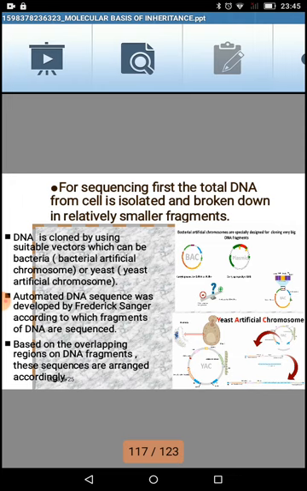Now, keeping all these properties in mind, the overlapping sequences, the fragments of the DNA, after reading and coding them, were arranged back again, so that the whole of the human genome can be read with the help of a special automated DNA sequencing program which was developed by a scientist called Frederick Sanger.